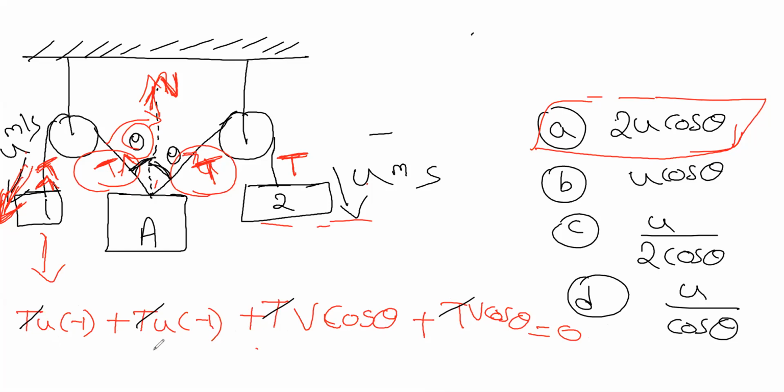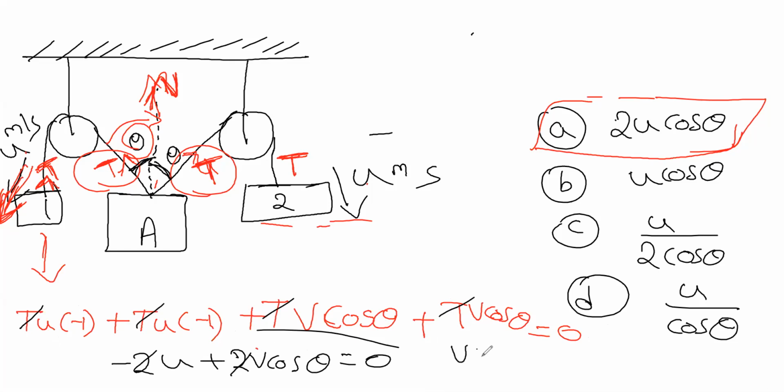So you get minus 2u plus 2V cos theta equals 0. The 2 gets cancelled, so V equals u by cos theta. The calculation is correct. So the answer is D.